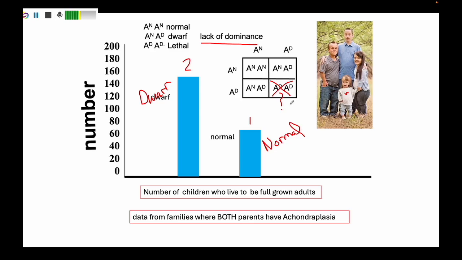So there's some new ideas here. Lack of dominance, lethal genotype, but we're building on the ideas that we started with in our entry learning into our genetics course, where we're using the principle of segregation, one pair of genes, two different alleles possible that we see being passed on or segregating in these families.